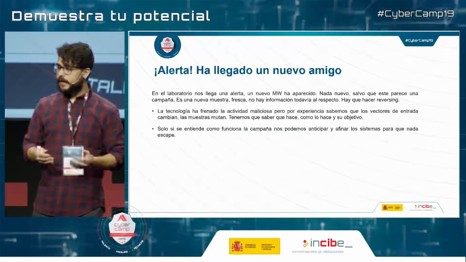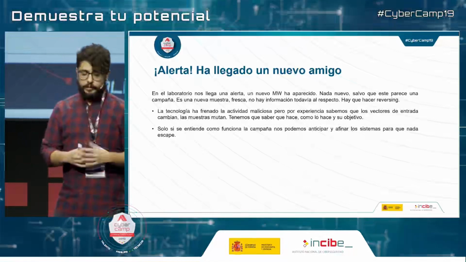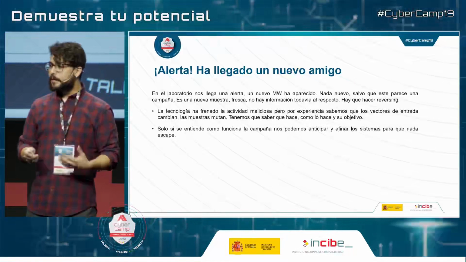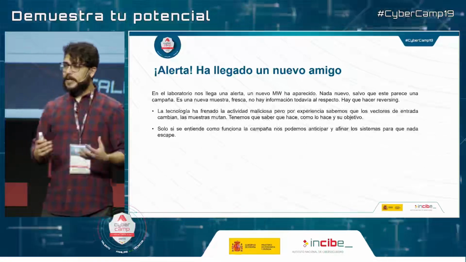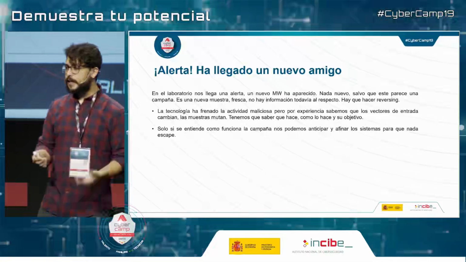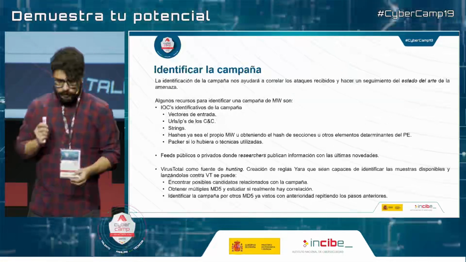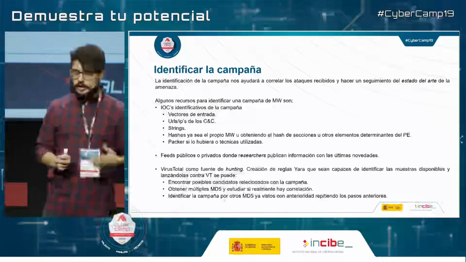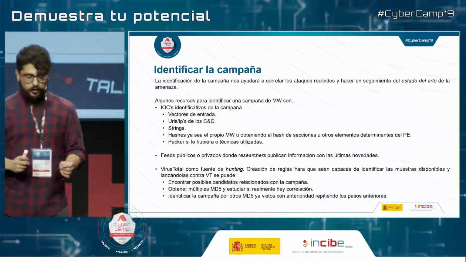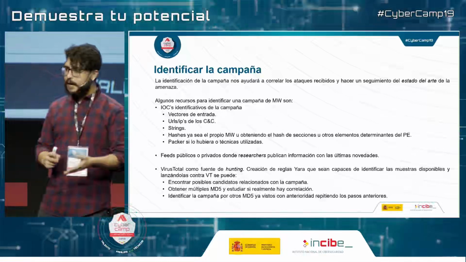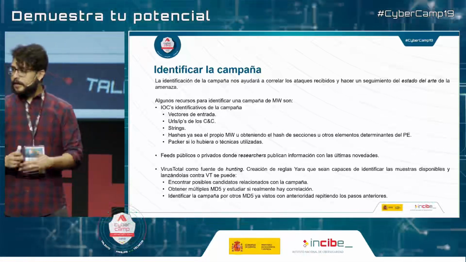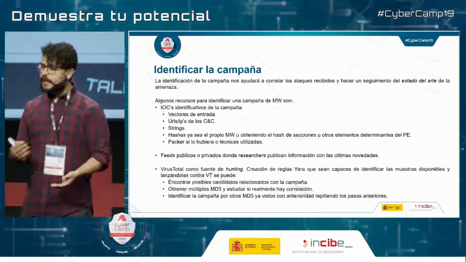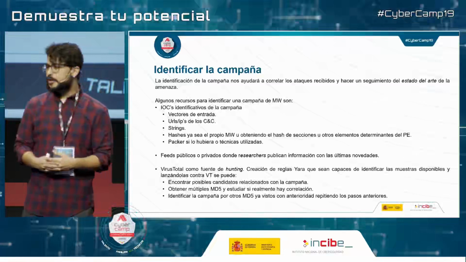So we started our research in order to see how the campaign was working. We did reverse engineering for that, and we tried to find as much information as possible in order for our system to respond in an appropriate way. So what was I doing? I was looking for compromise identifiers, entry vectors, URLs, strings, hashes from the malware or the executable file, packers.